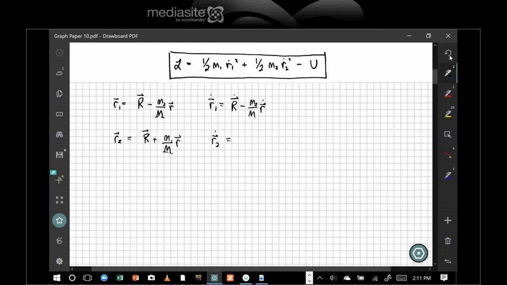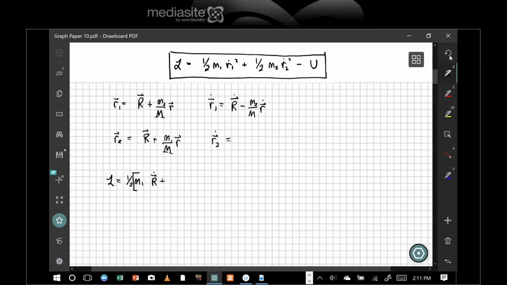The potential energy will just be a function purely of r, so I don't have to do anything there. That's nice. So then I can write down the Lagrangian, which is going to be equal to 1/2 m1 times R dot minus m2 over M r dot, quantity squared. Let me bring out the factor of half, because there's a half in front of everything. Sorry, I forgot there's a plus here and there's a minus here.